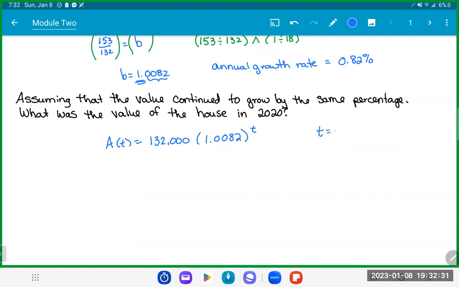So our T is going to be 2020 minus the original 1992, and that's going to be a difference of 28 years.